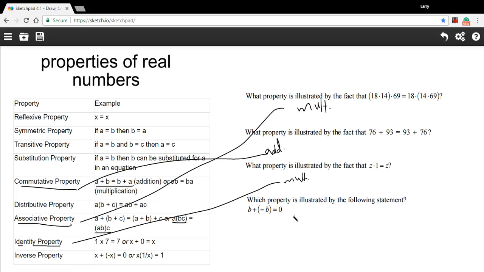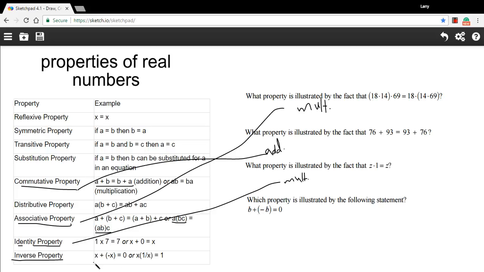And let's try one more here. This last one says, which property is illustrated by the following statement: b plus a negative b equals 0. So they're taking a number and they're adding the opposite of that number to it, and it comes out to be 0. This is called the inverse property. So you can think of negative b being the inverse of b.